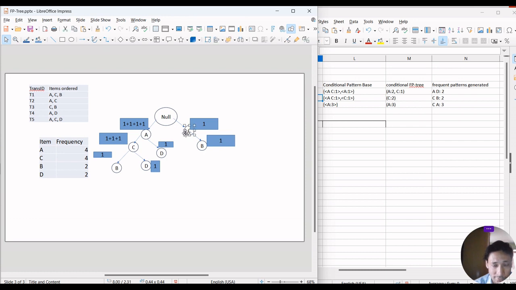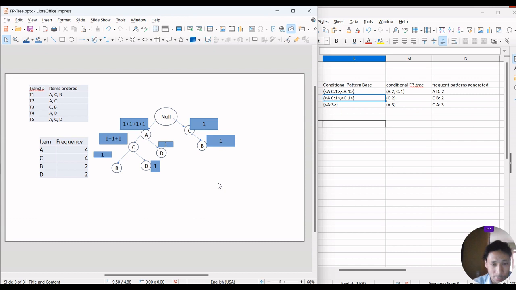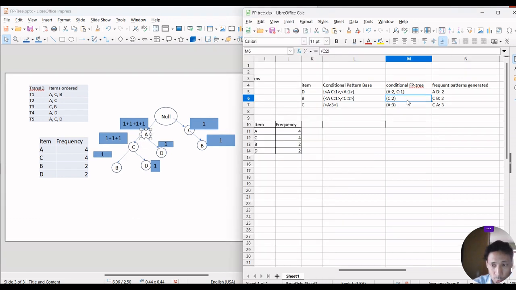Similarly for B, let's see how we can reach B. From this path we can reach B via C, so C is 1, and in this path ACB we can reach B using A and C, so AC 1. So we have two different branches to reach B. Our minimum support is 2 and A occurred only once, but in these two paths we can see C, so C occurred twice.